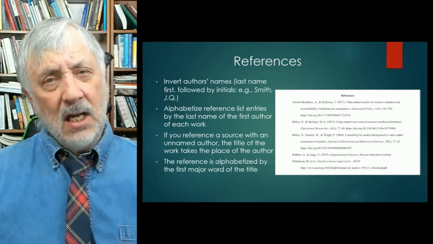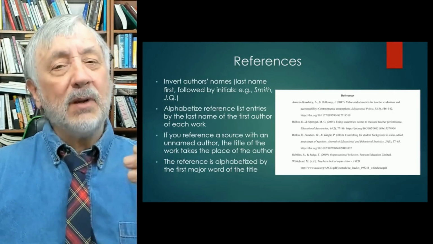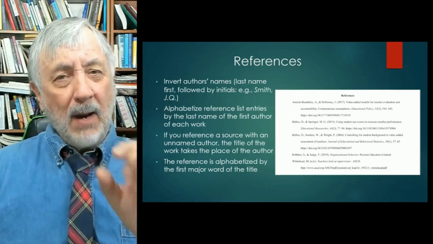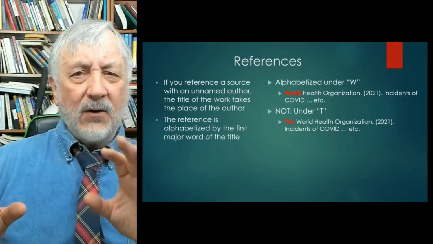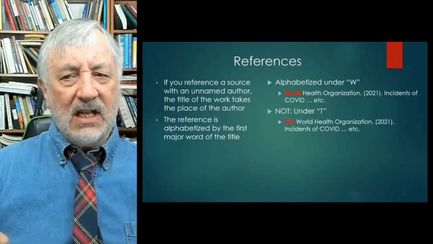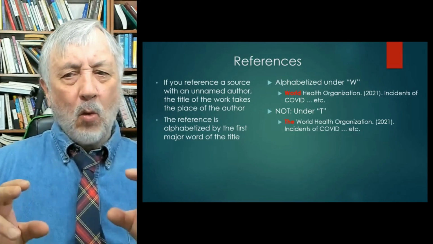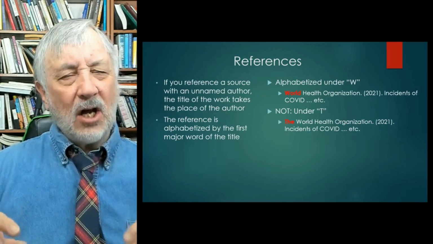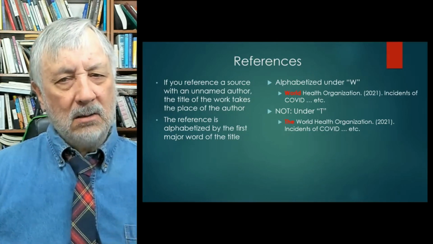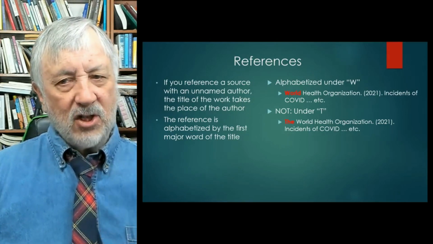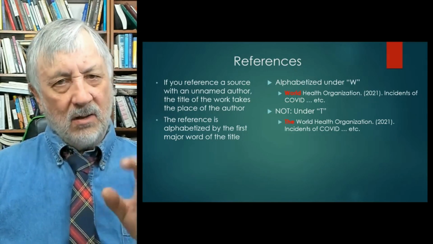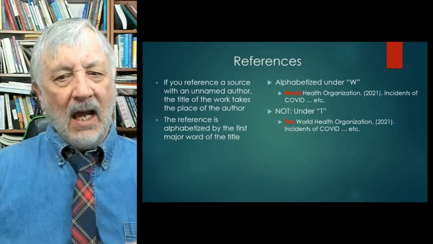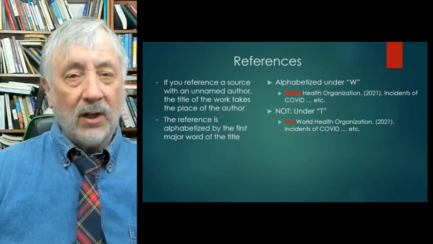And in this case, the reference would be alphabetized by the first major word. That first major word is important because here you see that the World Health Organization is alphabetized under W, not the. We see here in the little illustration, World Health Organization is your reference, and not The World Health Organization.